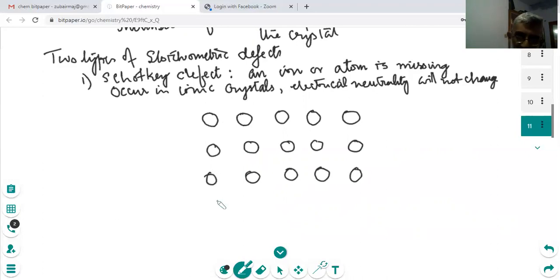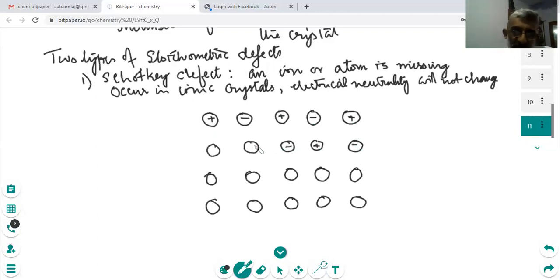We can consider only one plane, but you have to remember this is three-dimensional. Now you have the positive Na, then the negative chlorine, positive, negative, positive, negative, and then positive, negative.